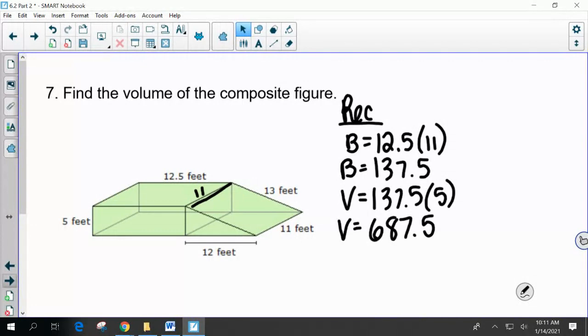So this would be 5 right here on the triangle. This 13 is pointing to the hypotenuse, or that ramp side. That's not your base or your height. That's your hypotenuse of your triangle. It is irrelevant in this problem. So you're actually going to use 5, 12, and 11.